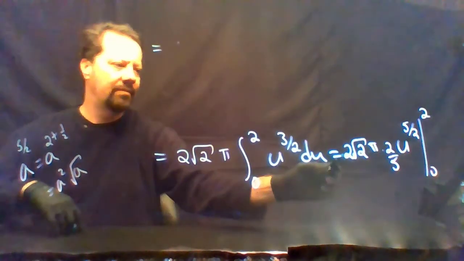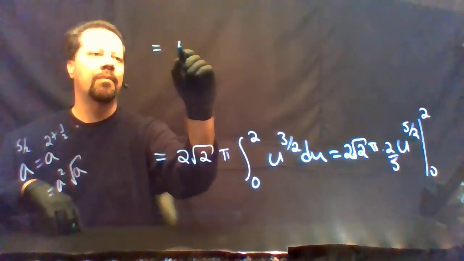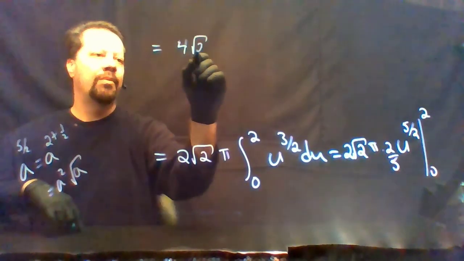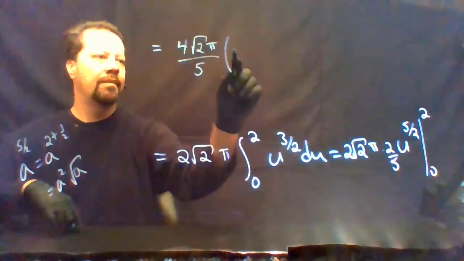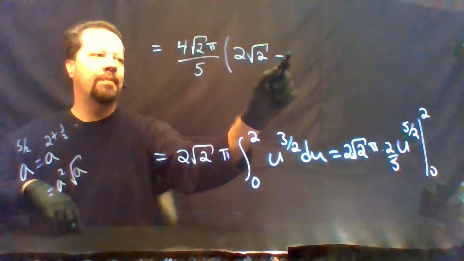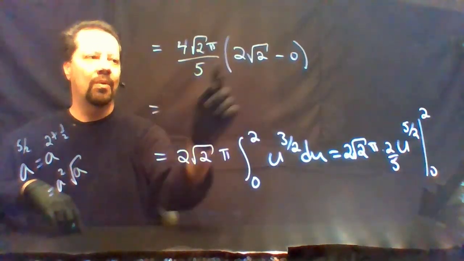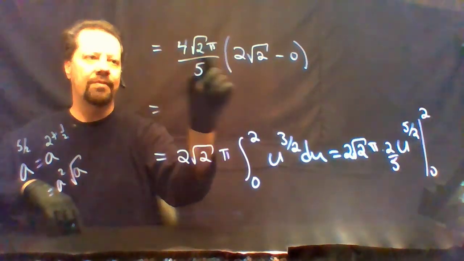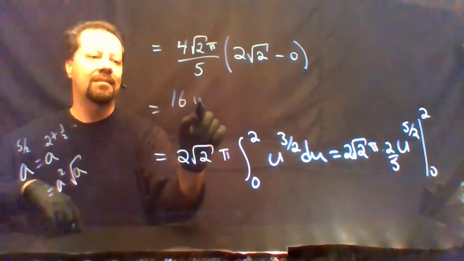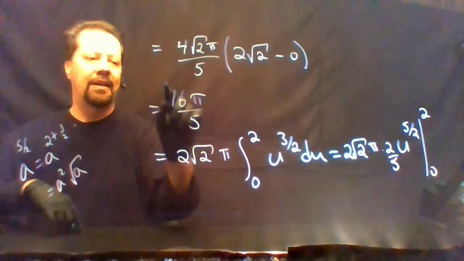We have then 2 times 2 is 4, root 2 pi over 5 times 2 root 2 minus 0, or root 2 times root 2 is 2, times 2 is 4, times 4 is 16, pi over 5.